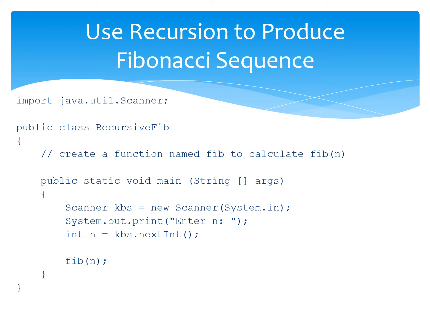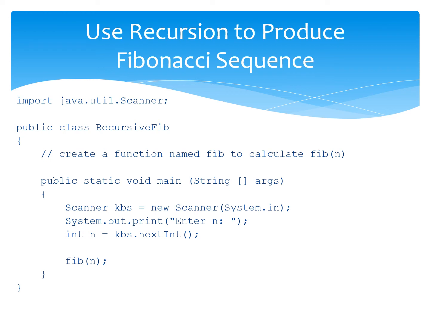In this example, to implement a recursive function to produce the Fibonacci sequence, we create a Java class named RecursiveFib. In the main method, we request the user to enter how many Fibonacci numbers in the sequence we want to produce.